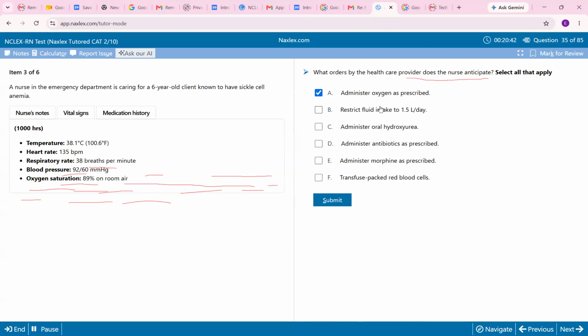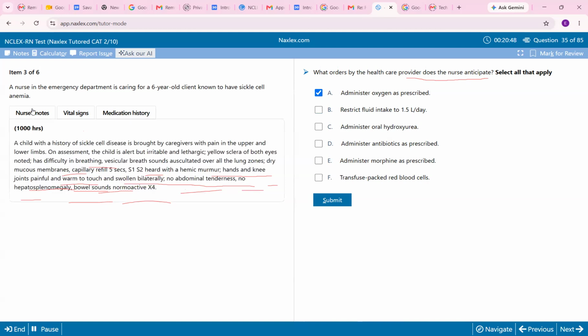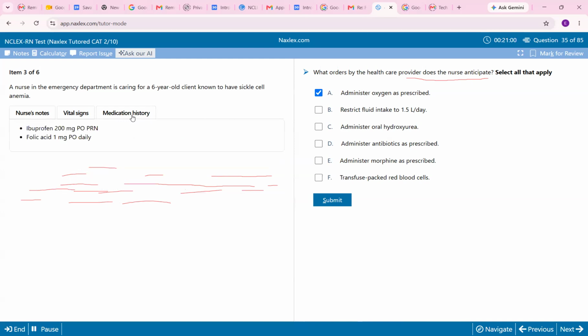Next, restrict fluid intake to 1 point. Is there a need for fluid restriction here? No, there is nothing mentioned about overhydration. Also, no need to restrict the fluid because there is already a vaso-occlusive crisis.